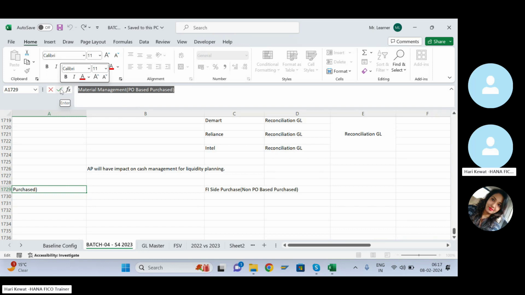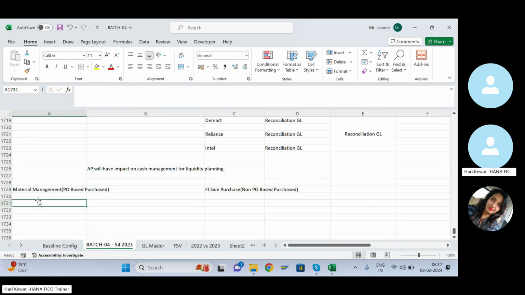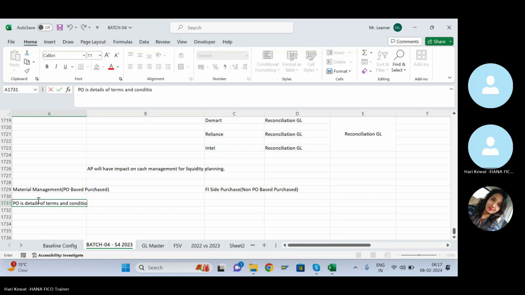So the PO contains the details of the terms and conditions of the purchasing activities.